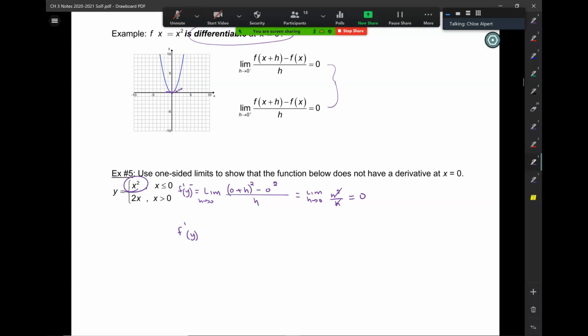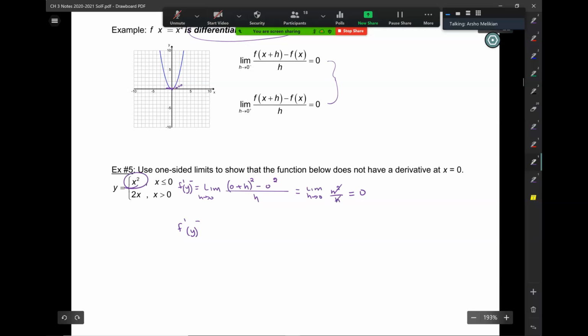Oh, got it. And then here it's f prime of 0 from the positive side. And I'm going to use 2x this time. It's going to be 2 times 0 plus h, minus 2 times 0, over h. Here I get 2h over h, which is 2.